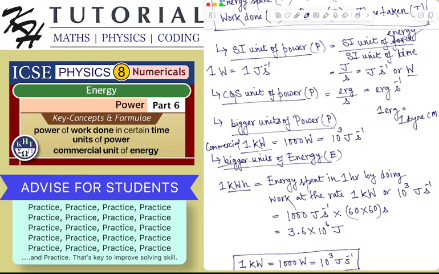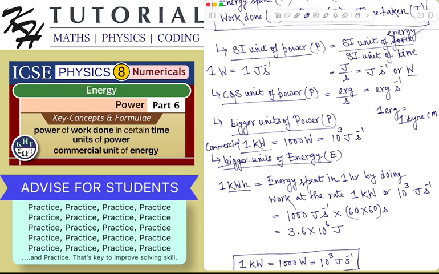1 kilowatt hour: kilowatt means 1000 watt, and hour means the source of energy was working for 1 hour. Okay, so 1 kilowatt hour, what is it?